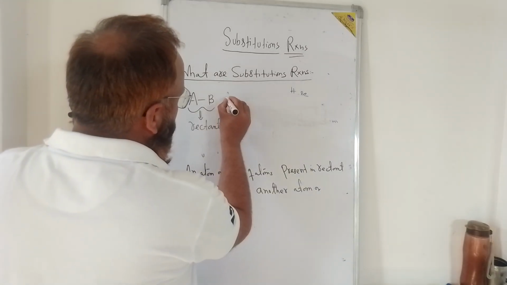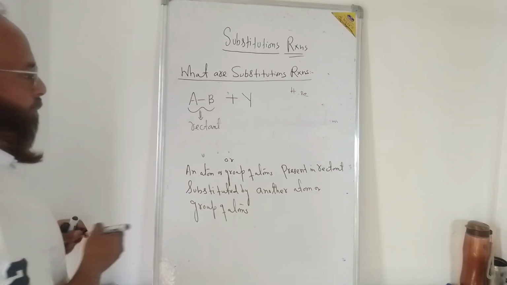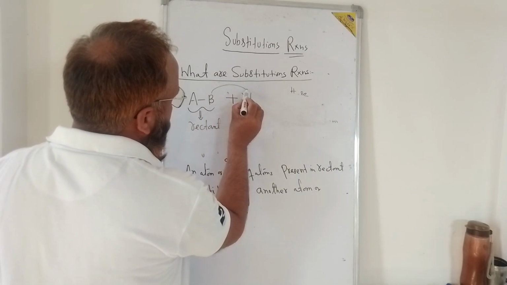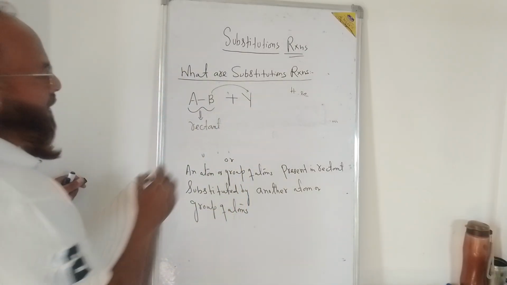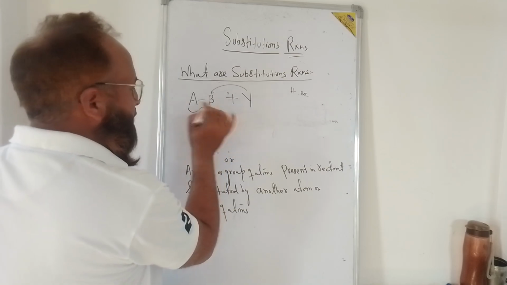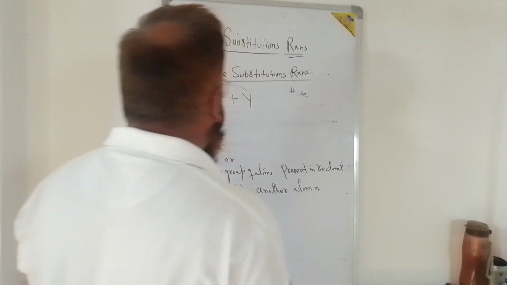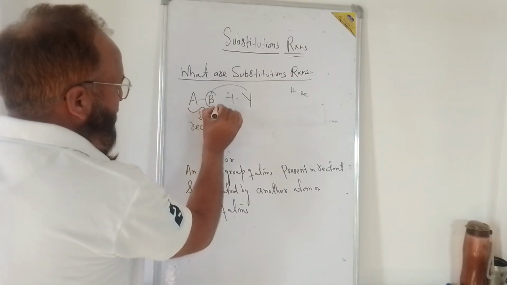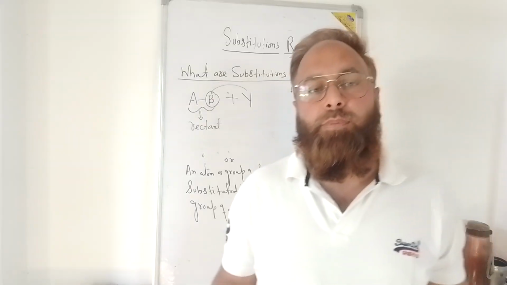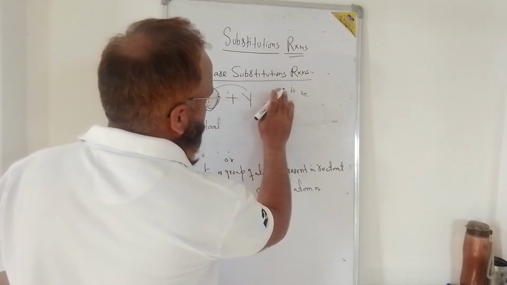And you want to take Y. B is replaced by Y, or Y comes in place of B and B is removed. We can say the B which is connected to A is replaced, or substituted, by Y.